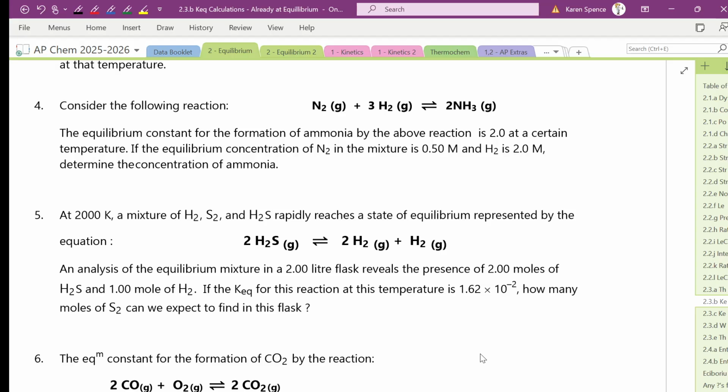Yeah, that's no good. That should be an S2. Yes, you're absolutely correct. This right here. So on number 5, that should be an S2. There we go. Thank you. Fix.